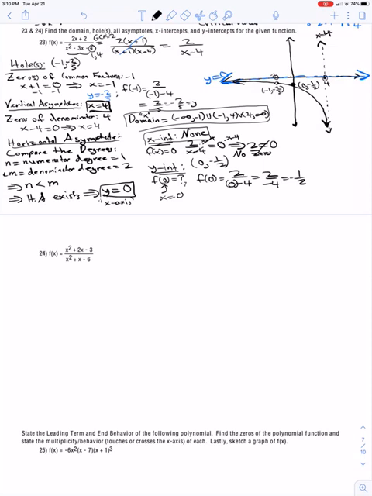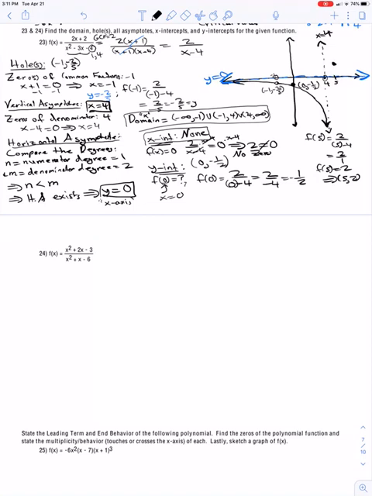And then to find the right side of your graph, I need to do a little more work. For example, I need to pick a point, like, what's 5? Let's find a point here on the right side. What does f of 5 equal? That's 2 divided by 5 minus 4, which is 2 divided by 1, or 2. So f of 5 equals 2, so that implies (5, 2) is on our graph.